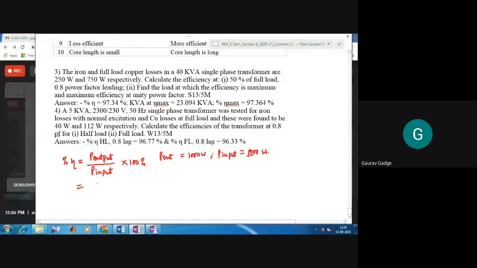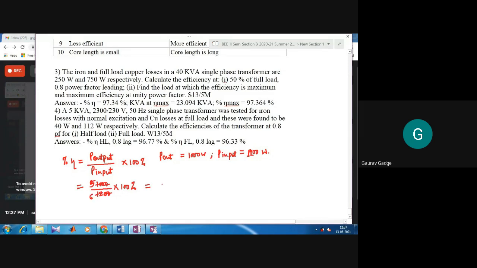Efficiency would be 1000 upon 1200 multiplied by 100%. Now the 0s get cancelled, 2 5s are 10, 2 6s are 12.